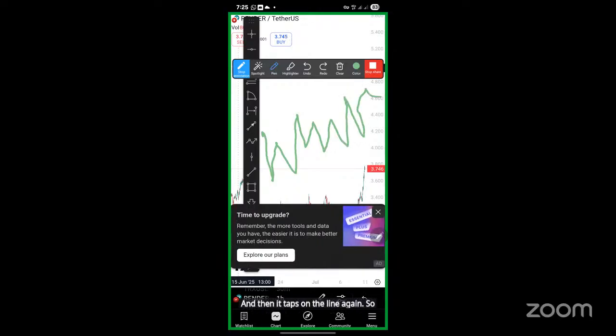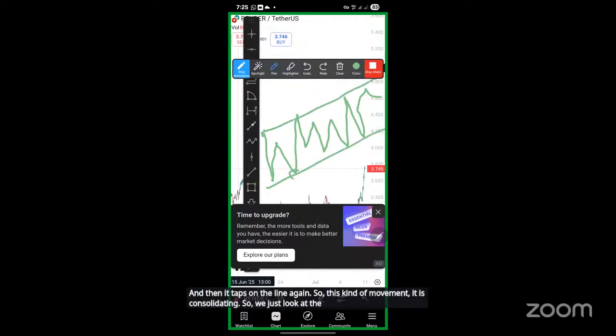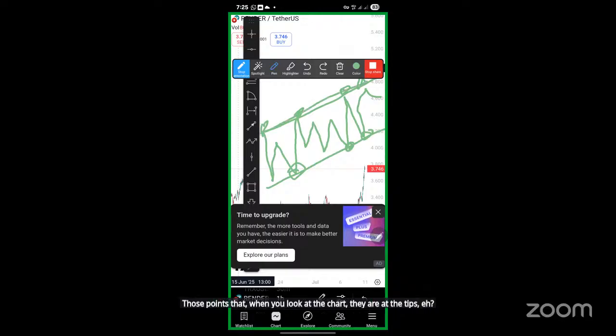So this kind of movement, it is consolidating. So we just look at the points that are external, those points that when you look at the chart, they are at the tips. So you draw a trend line, connect them like this.